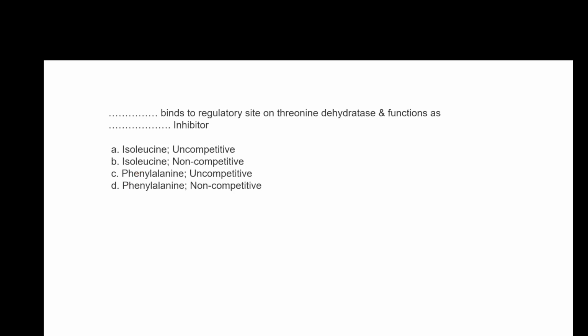Yeah, that was a dehydratase, not dehydrogenase. Sorry, I mentioned it incorrectly previously. So it was a dehydratase. That's the example which I have given, which is isoleucine, which binds to the allosteric site or regulatory site on threonine dehydratase and functions as a non-competitive inhibitor.